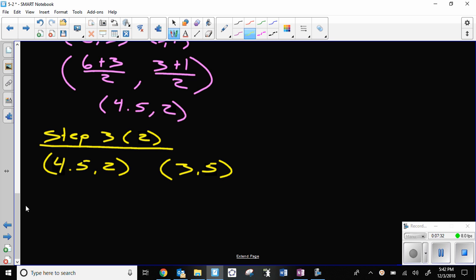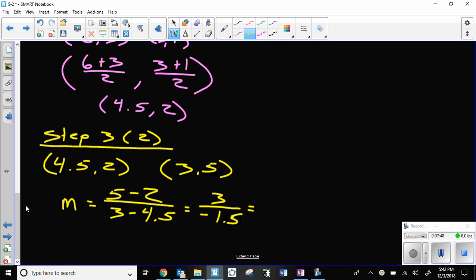So we're going to find slope again. y2, let's go with 5 minus y1 of 2 over 3 minus 4.5. That will get us 3 on top over negative 1.5, which will now get us a value of negative 2.